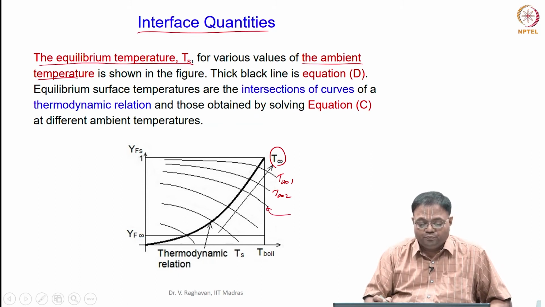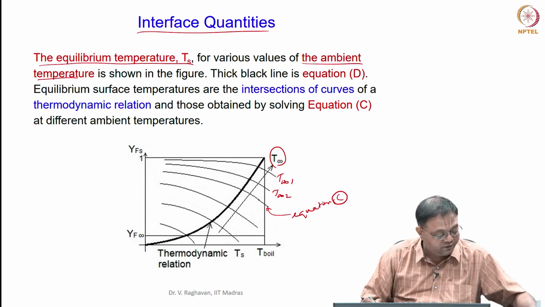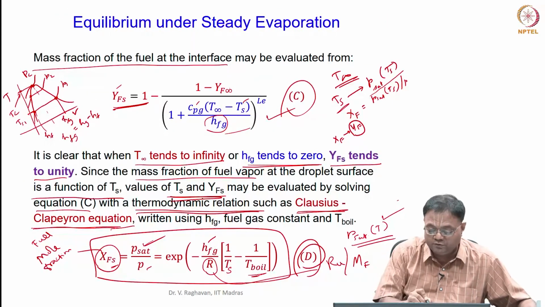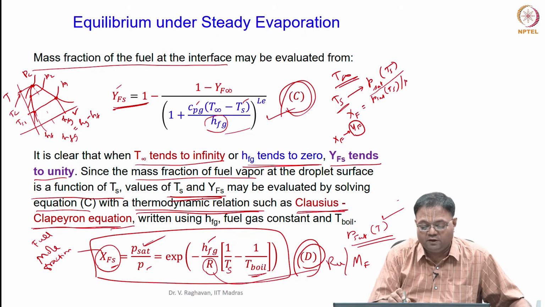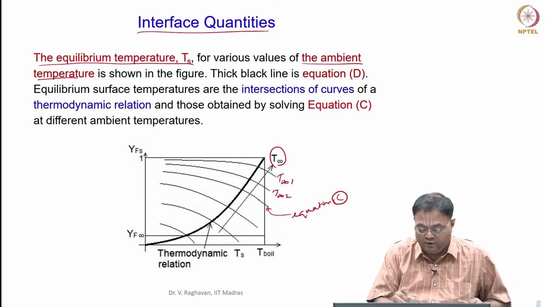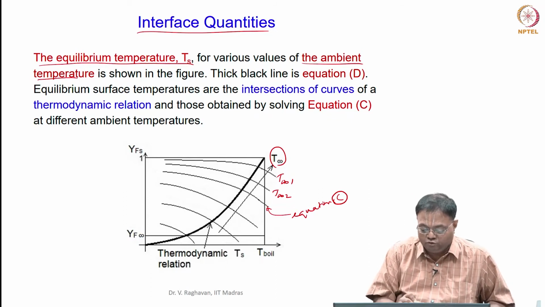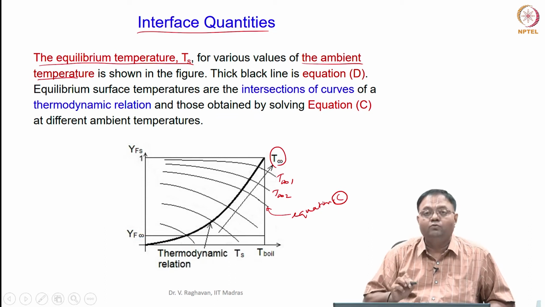nothing but equation C, which is this equation. So when I try to calculate YFS as a function of Ts, you get this equation. So this is YFS as a function of Ts, I plot this. I will vary the Ts and try to get the values of YFS for this curve.